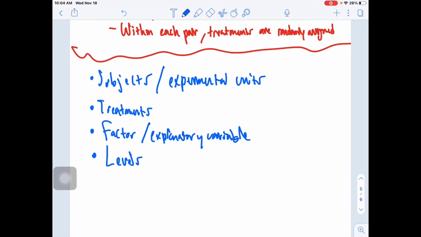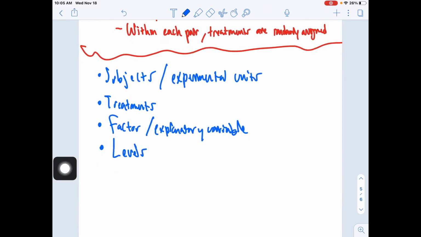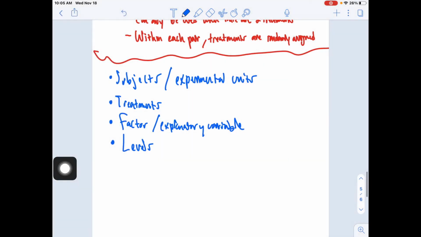I have a group that has the TV off, a group that has the TV on, and the third group has the TV on for the first 30 minutes as you're trying to fall asleep, and then after 30 minutes, the TV shuts off. So levels are another way that we can split up treatments. Maybe that way we can see if there is some sort of relationship. So levels just goes more into detail.